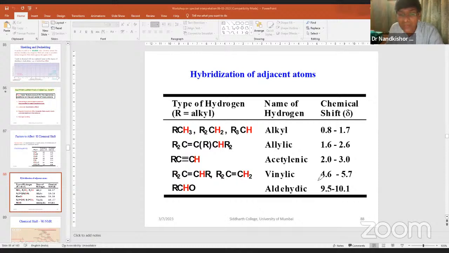Because there is only one structure, the induced magnetic field produced by this sp2 hybridized proton is in the same direction as the applied magnetic field. So the applied magnetic field required will be less. That means the frequency required for the flipping will be less. And ultimately, if the magnetic field, the denominator, required is less, obviously the del value will be more.